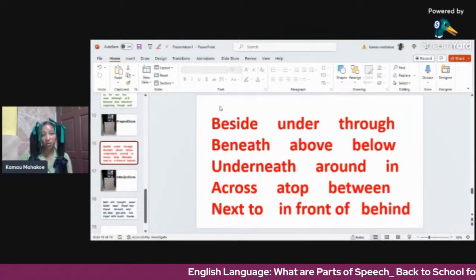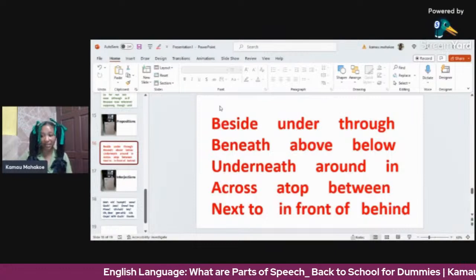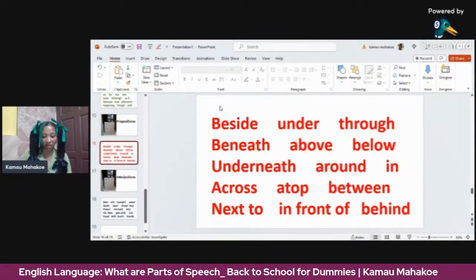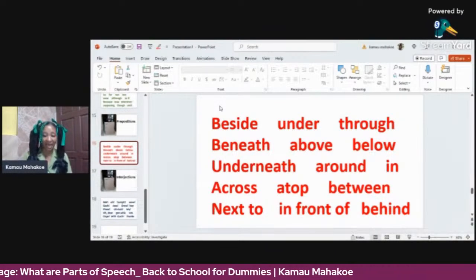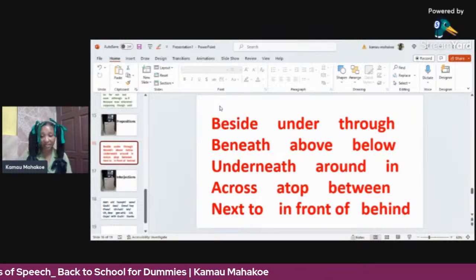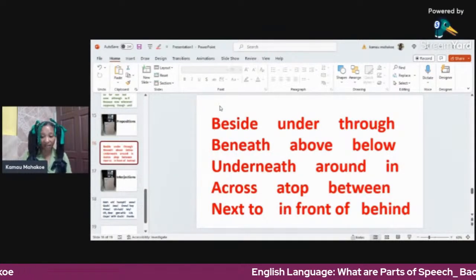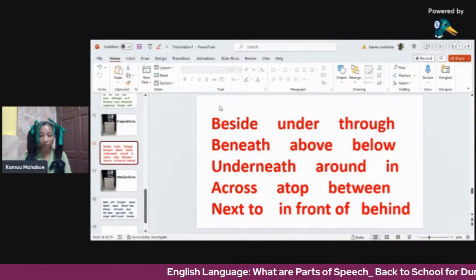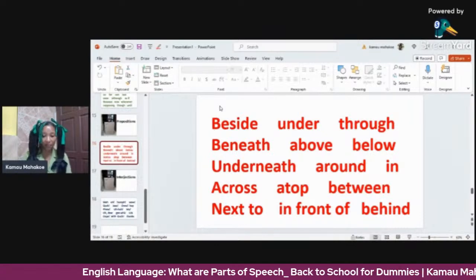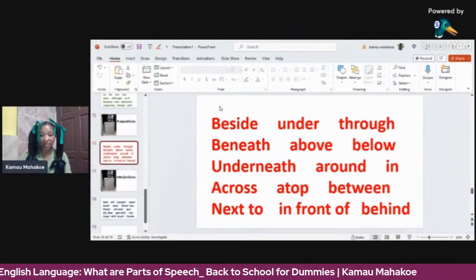Where are you in relation to something else? Where is this thing in relation to another thing? Is it beside it? Is it under it? Does it go through it? Is it beneath it? Above it? Below? Underneath? Around? In?